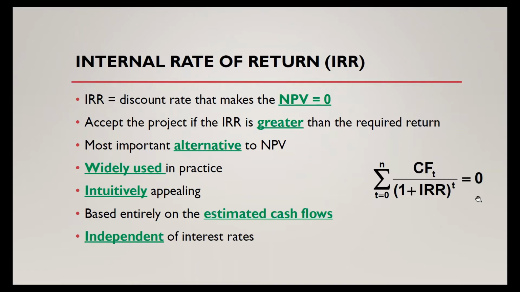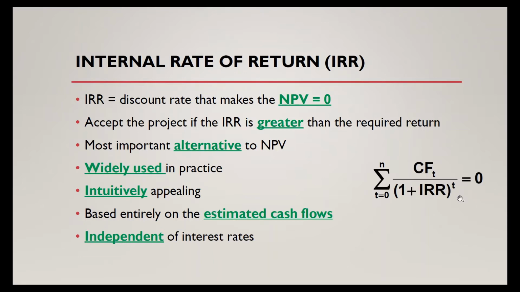Basically, what it means is that based on the future cash flow that we will receive, we want to divide this by 1 plus the internal rate of return, and raise it to t, where t represents the number of years.